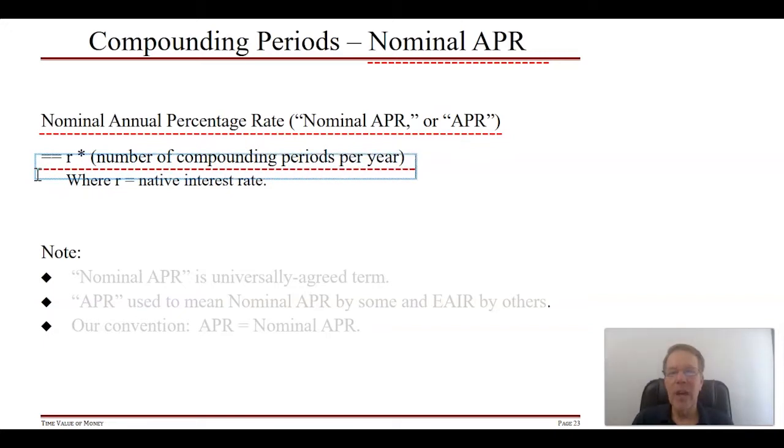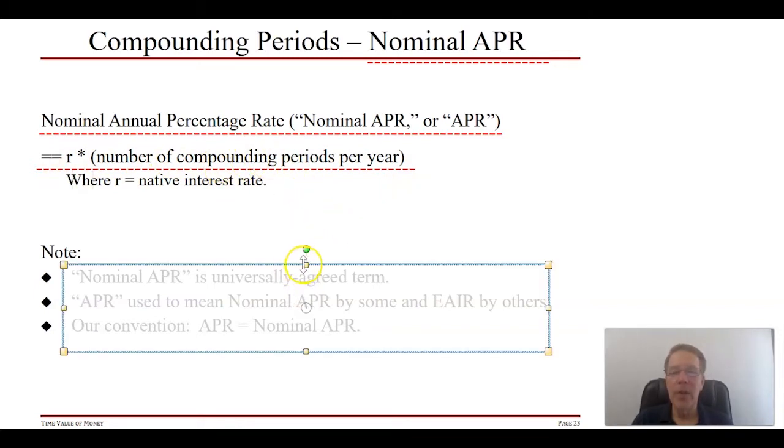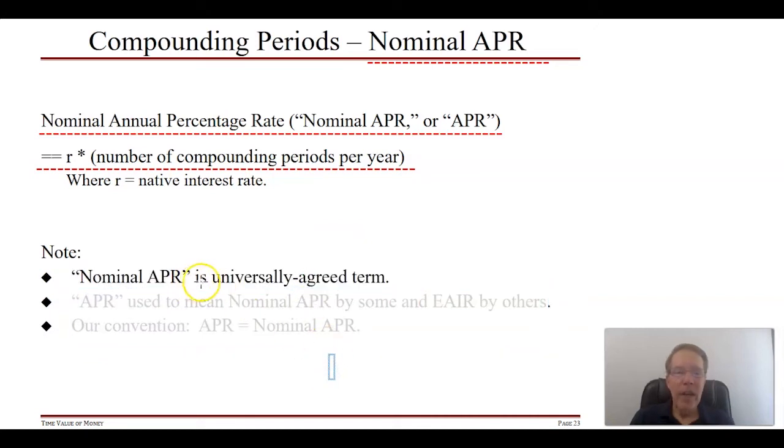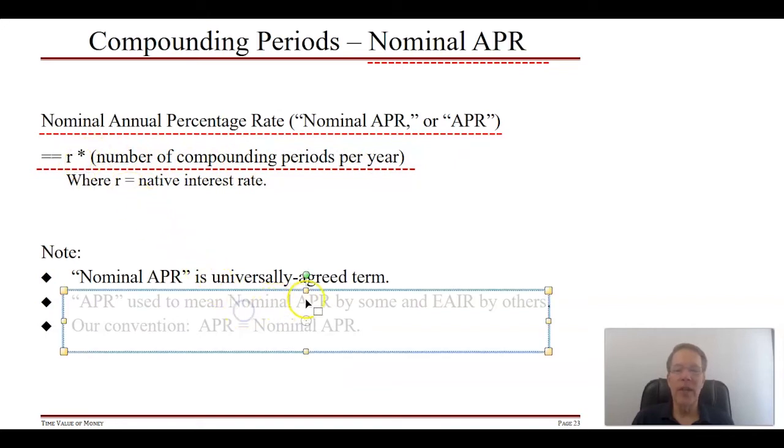So the nominal APR is just equal to our native interest rate R times the number of compounding periods per year. So what do we need to remember about this? Nominal APR is a universally agreed upon term. It always is defined by this equation where the little r here is our native interest rate, okay?